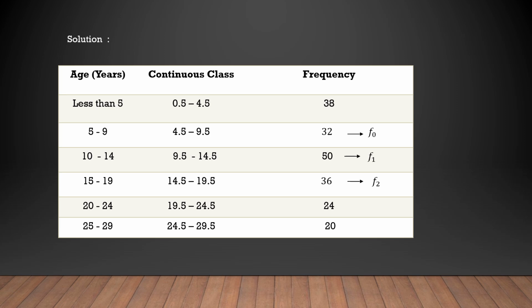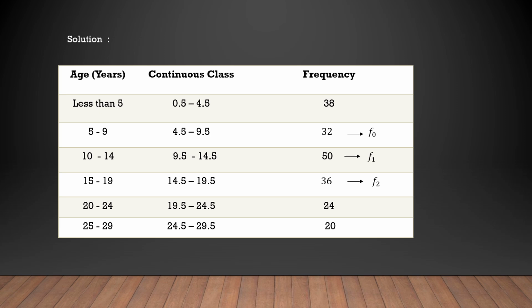Okay. Then by observing we find the maximum frequency, which is 50. 50 is the maximum frequency. So this 50 is in the class 9.5 to 14.5. That's why the modal class is 9.5 to 14.5.